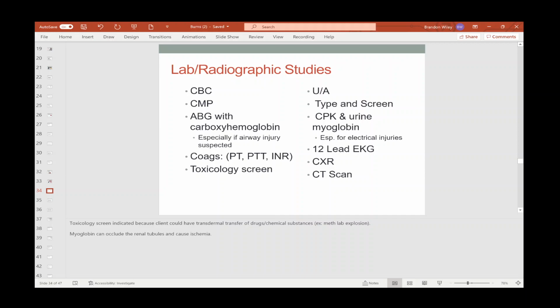So you're going to have an elevated potassium level because it's being released into your circulatory system. Okay? So we have to be really careful with that. And that's why an EKG is on here. Two reasons. One, because we're going to have an elevated potassium, and if it's an electrical burn, then we have to make sure that you're not in some type of dysrhythmia. ABGs, what is carboxyhemoglobin?